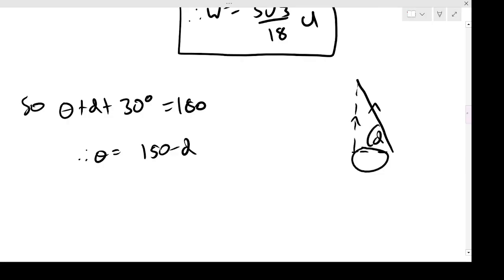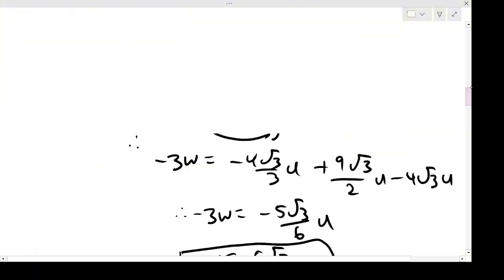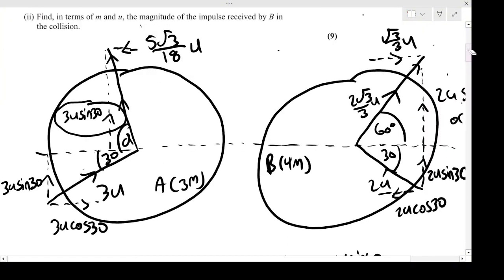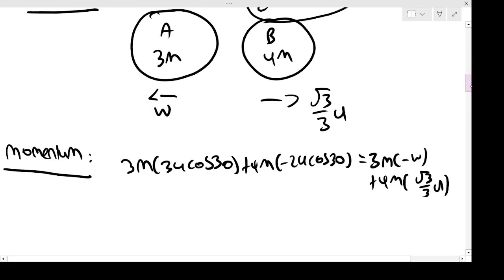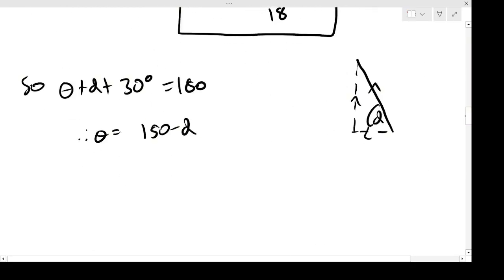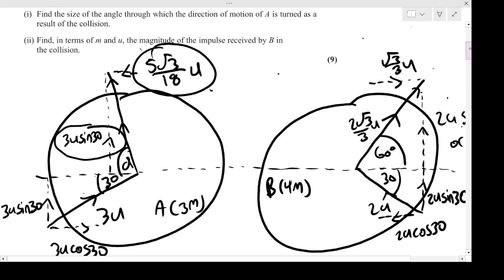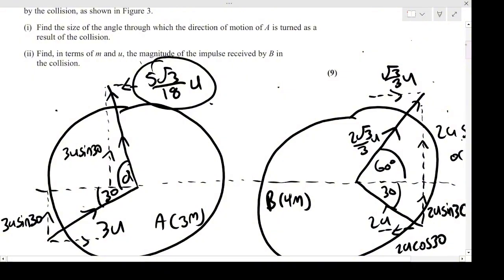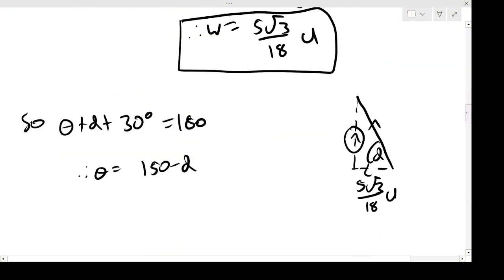Now, the horizontal component we just worked out, you can see here, it's going to be 5 root 3 over 18 u. That's my parallel and horizontal part. Then the vertical part, you can see in the diagram, is going to be 3u sine 30. Hopefully you're with me here.